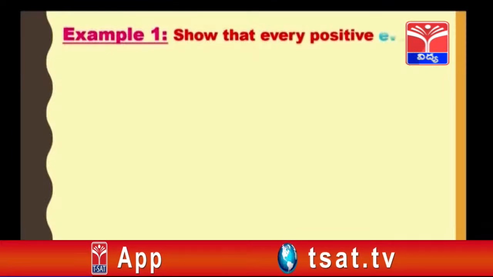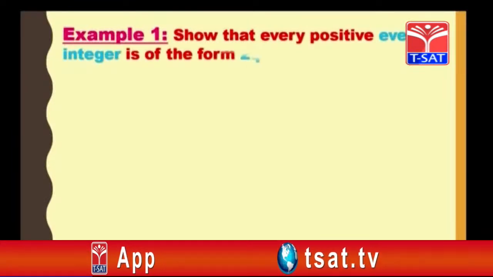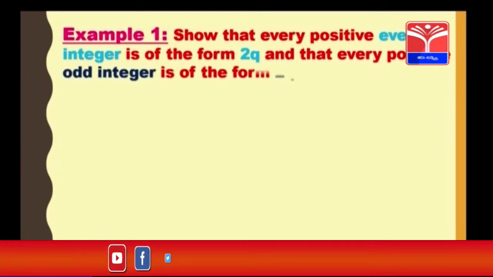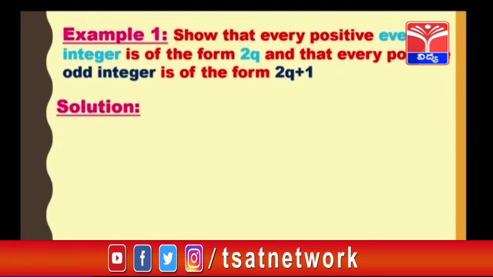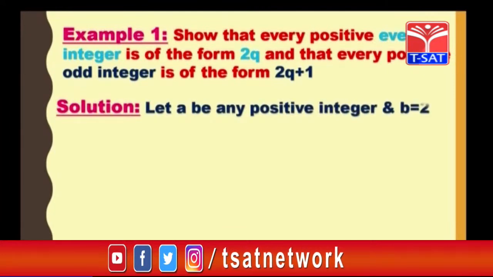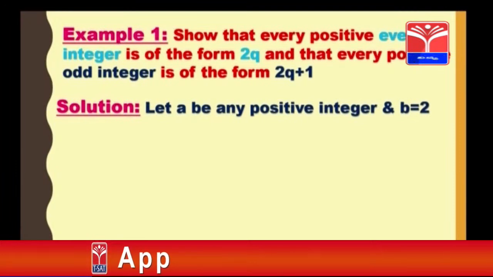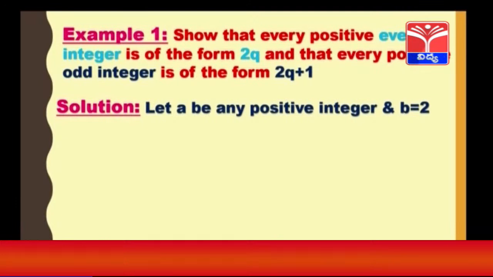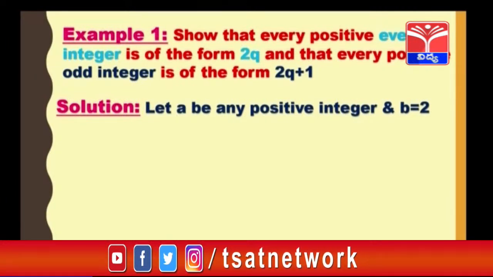The question given is: show that every positive even integer is of the form 2q and that every positive odd integer is of the form 2q plus 1. The solution is: let a be any positive integer and b equal to 2. Whenever it is given as 2q, it is nothing but bq, so I should consider b equal to 2. If the question is given as a equals bq plus r, the coefficient of q will always be my b.